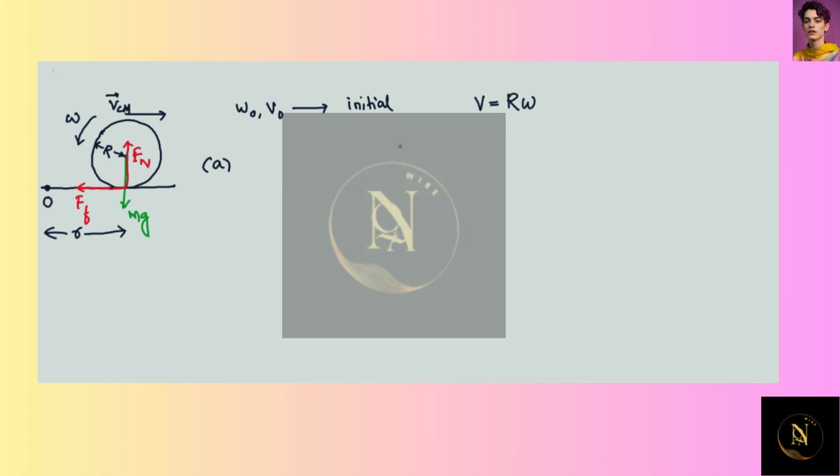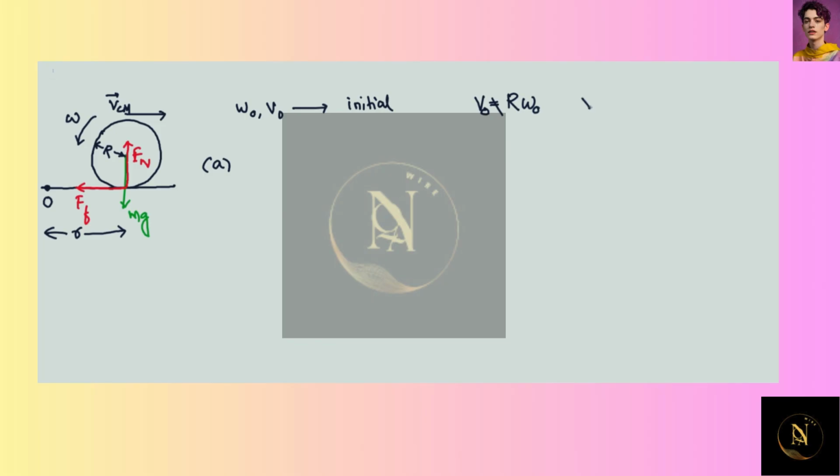But in this problem, since the ball is initially slipping as well while it rolls, this relation between v naught and omega naught for the initial motion of the ball is not valid. Therefore, we won't be applying this relation at all.